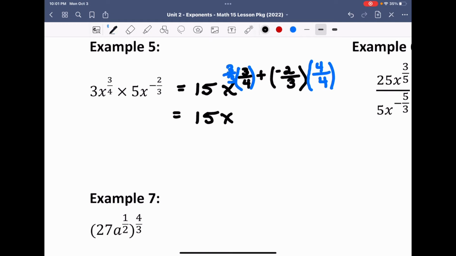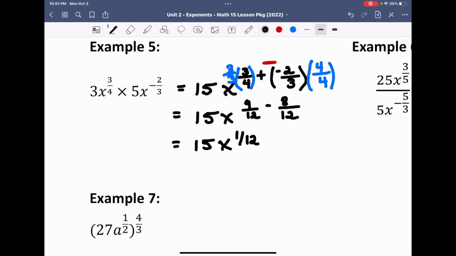That gives me 9 over 12 plus minus, we could actually say this is a negative. A plus minus results in us subtracting. Subtract 2 minus 4 is 8 all over 12. Now finally, this is 15x to the 1 over 12, or 9 minus 8.